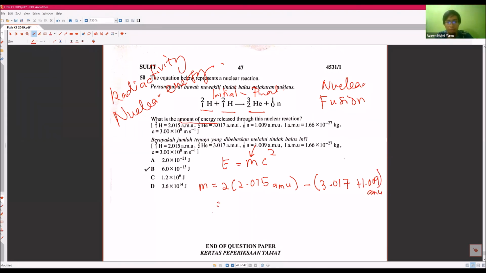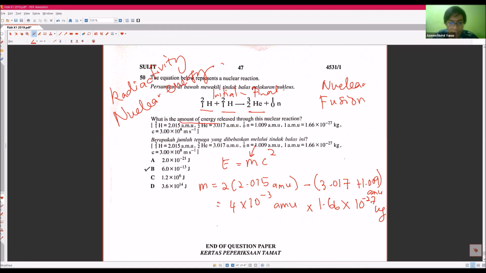2 times 2.015 minus 3.009 or 10 to the negative 3 AMU. So what is that in terms of kilogram? We must multiply with 1.66 times 10 to the negative 27.